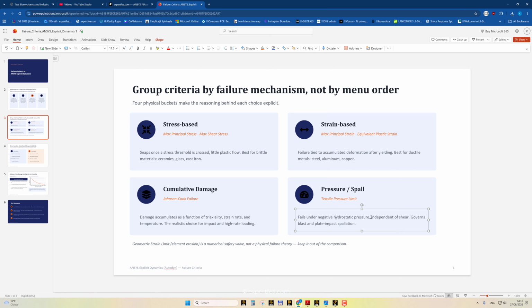So hydrostatic pressure crushes or fractures the part that is being defined. This is useful when we have blast, plate, whatever, and fragments are being emitted or eliminated.